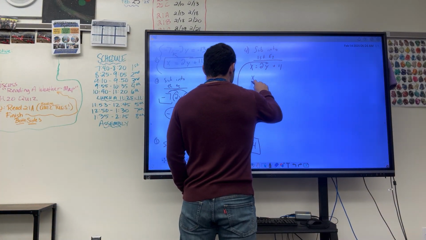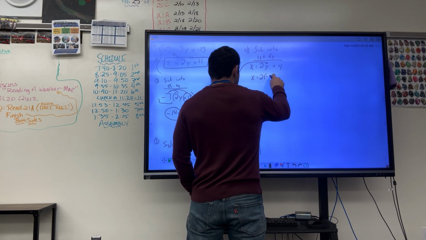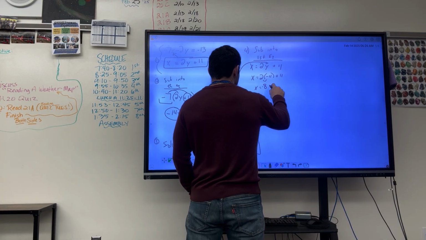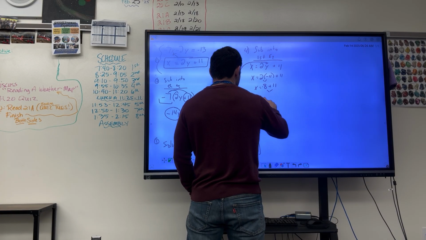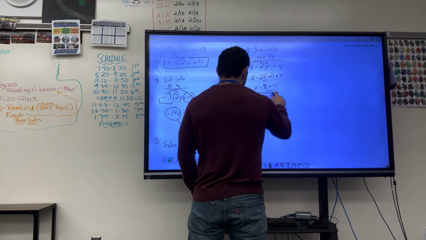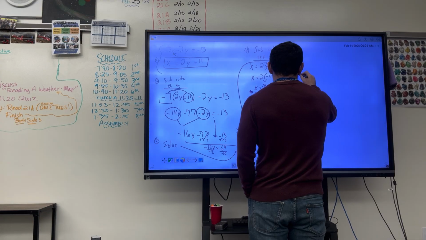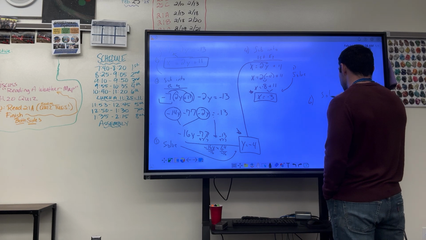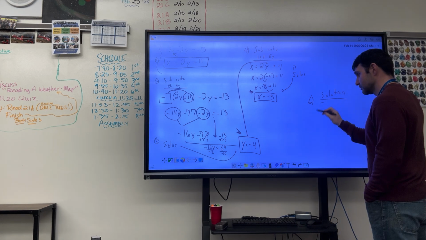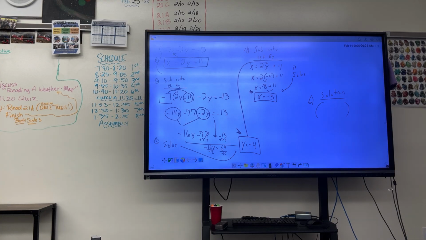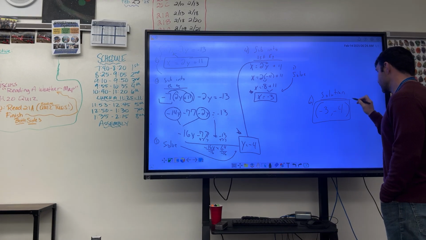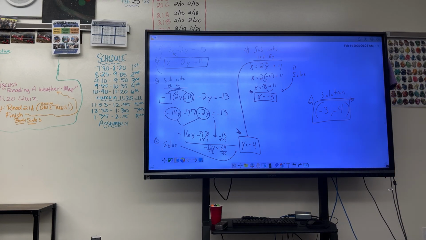So now I have x equals 2 times negative 4 plus 11, which gives me x equals negative 8 plus 11, x equals negative 3. So then I'm going to solve, so this is step 5. Step 6 is your solution. Make sure you put x comma y first. So it's negative 3, comma negative 4. What questions do you have there?